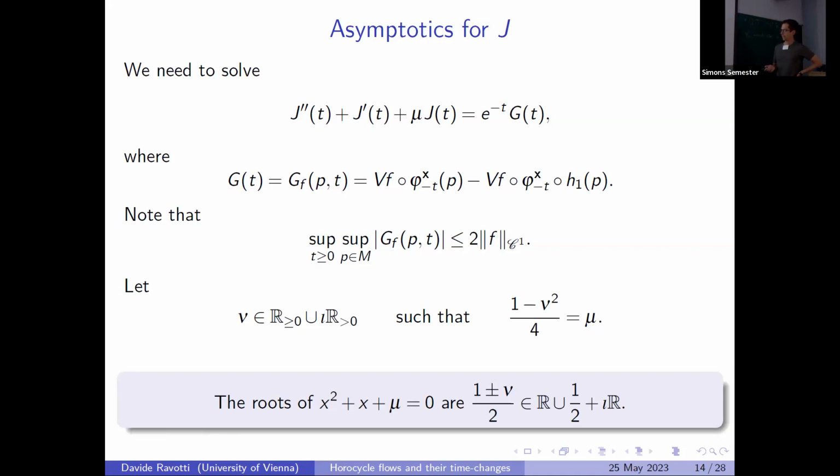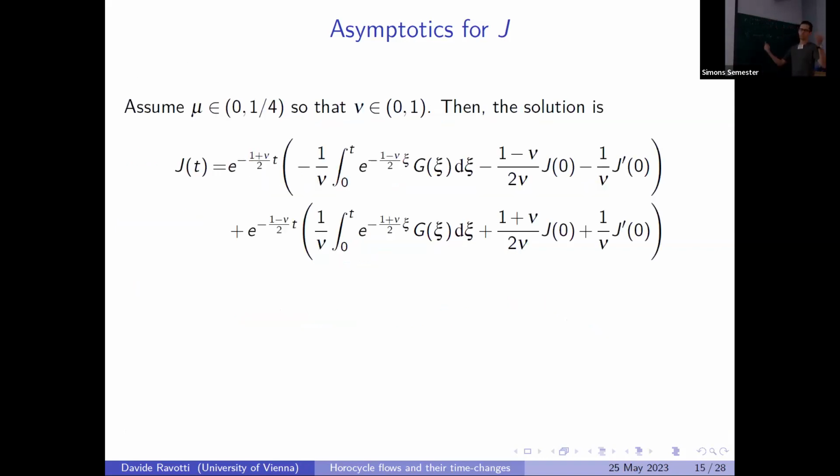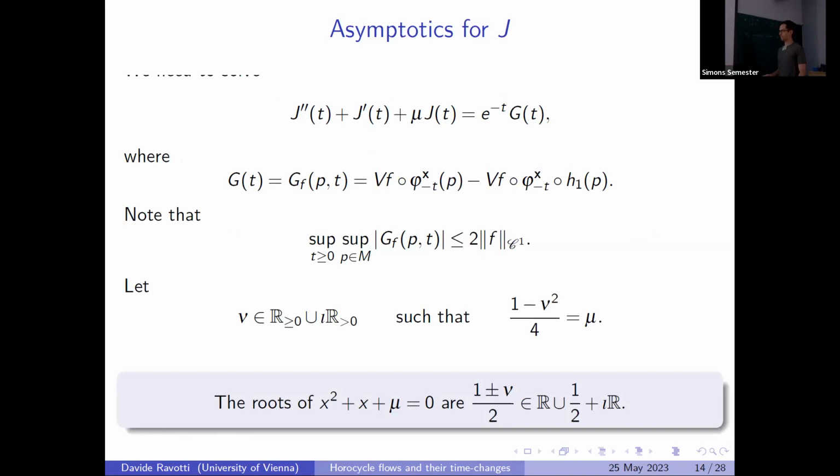And the solutions to this equation involve a sum of two terms whose behavior is dictated precisely by this number over here. So again, maybe we look in a book or we ask someone who solved it. If you want to write the solution down precisely, it depends on what these roots are. They can be real or they can have real part 1/2 and be purely imaginary. There is also the case where mu is equal to 1/4, where you have a double root.